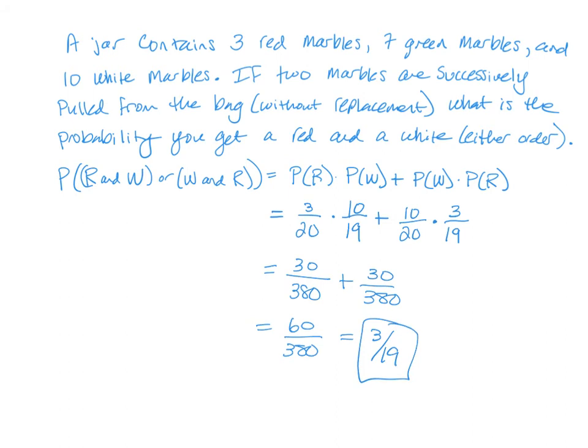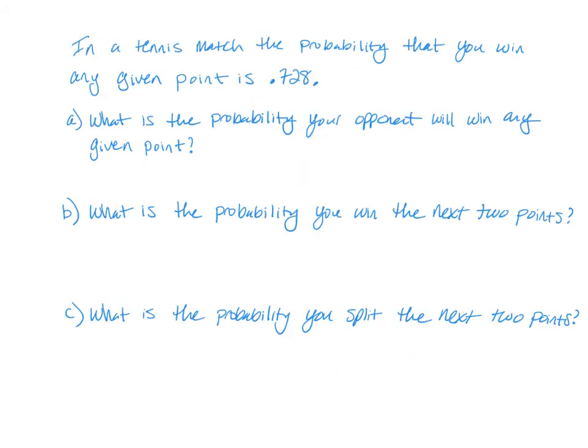Okay, last example. This one is closely related to your project. So in a tennis match, the probability that you win any given point is 0.728. That's like 72.8% chance that you're going to win any given point. So what's the probability that your opponent will win any given point? So the two probabilities have to add up to 1.